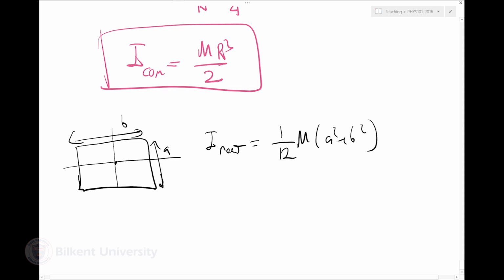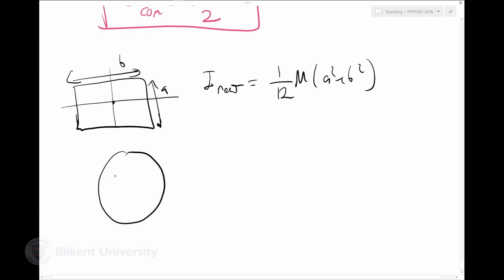All right? For a uniformly filled sphere, it's 2 over 5 m r squared.